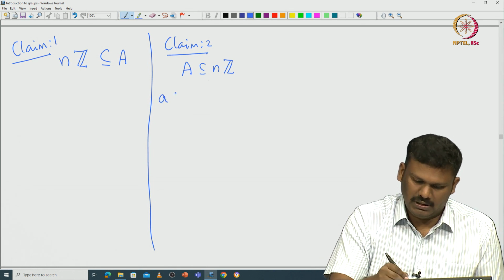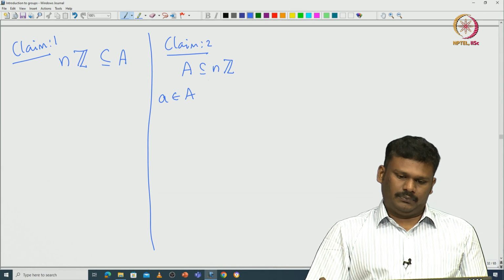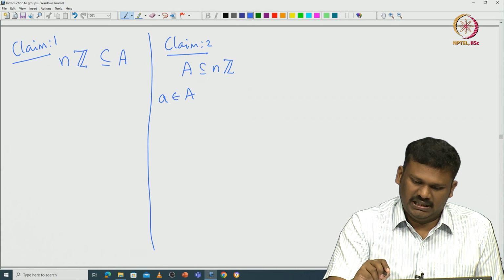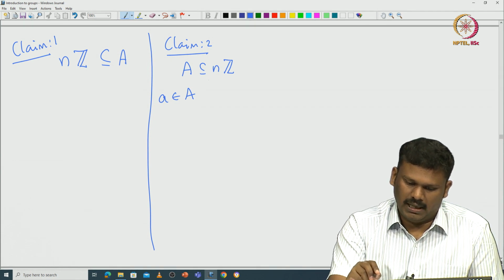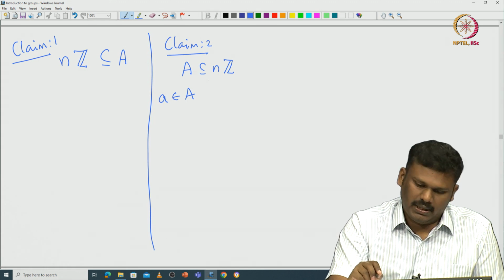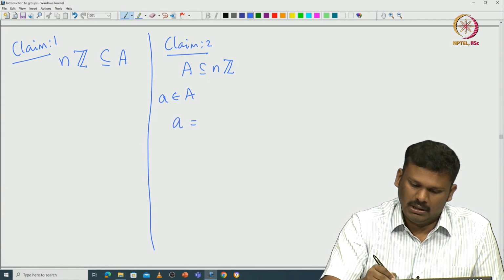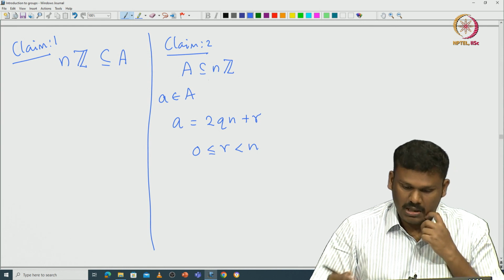So you start with a in capital A and then see what happens. So now since a is in capital A, you can actually write this a as 2qn plus r, with r being less than 2n.